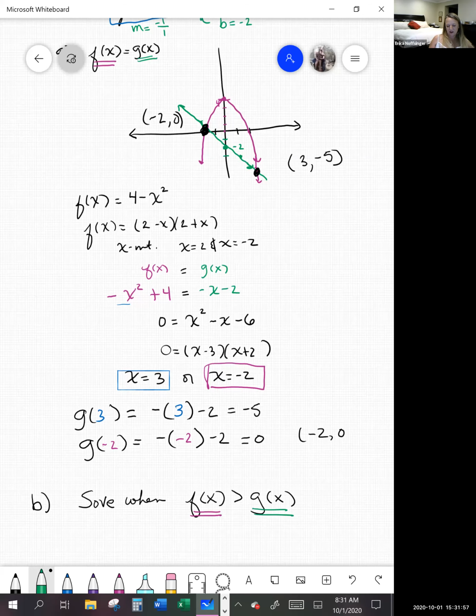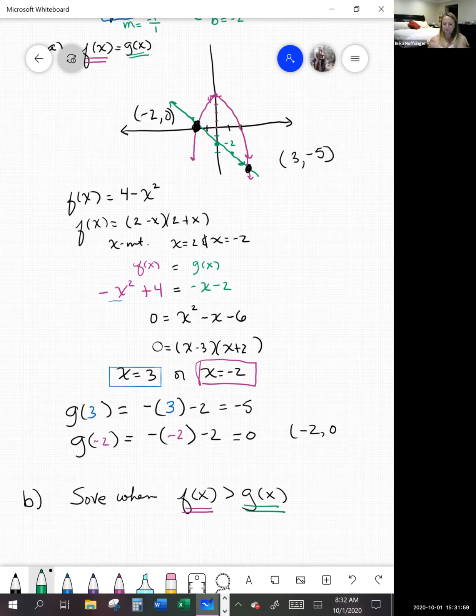So where would that occur on our graph? I'm asking you guys now. I feel like I'm talking too much. -2 to +3.